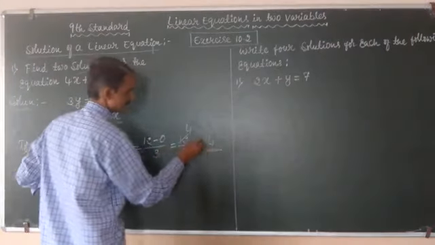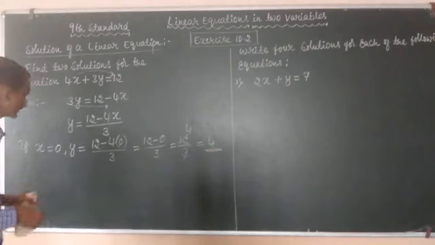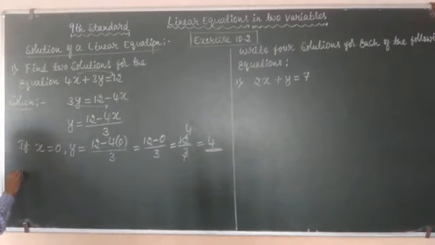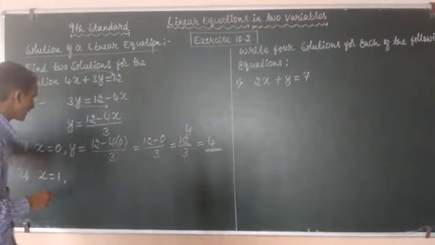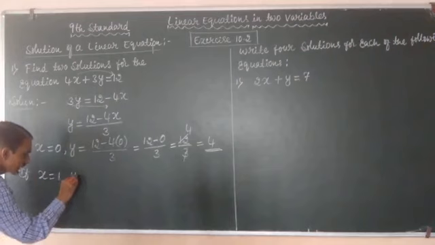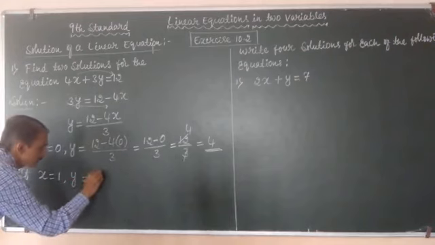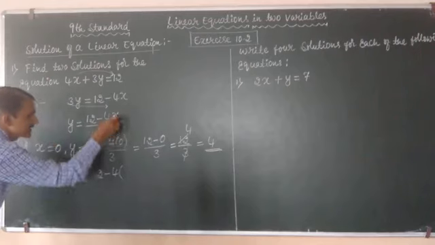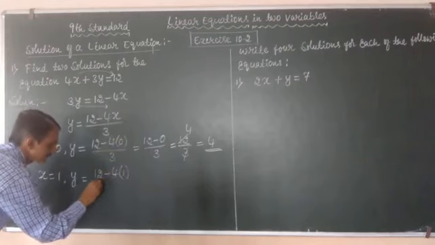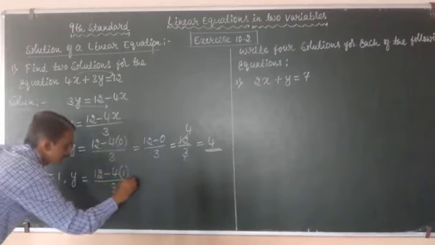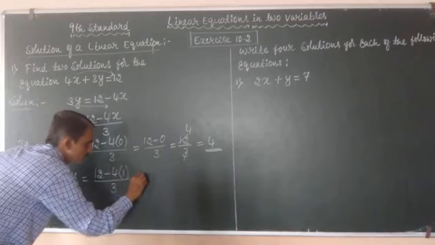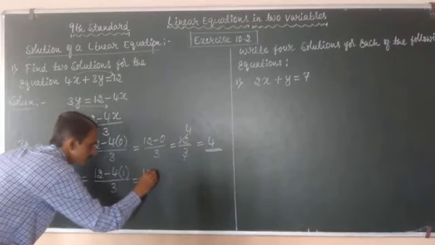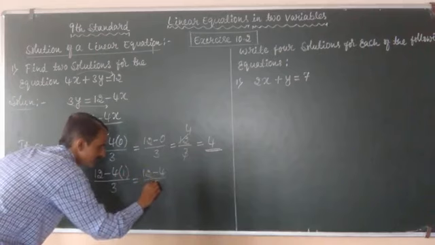Okay, now if we put x equals 1, then y equals (12 minus 4 into 1) by 3, which is (12 minus 4) by 3.